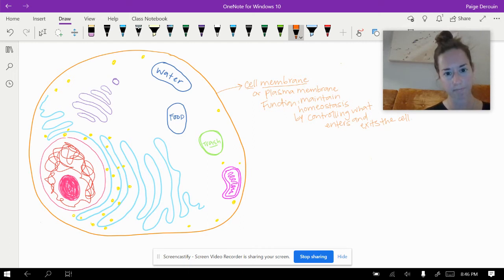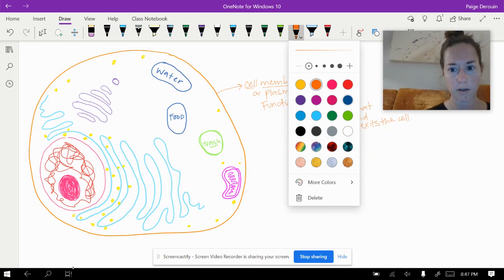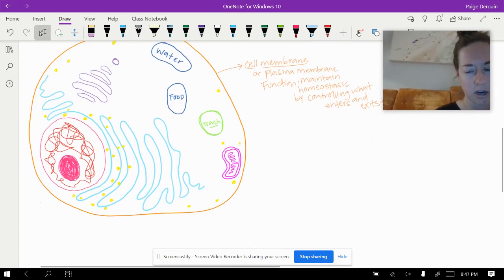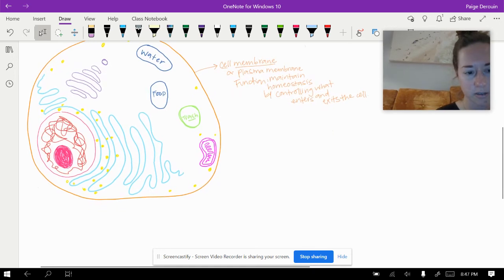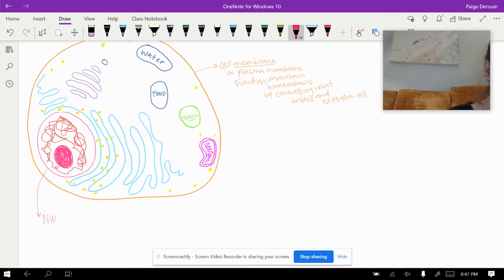So that's the first thing. The second thing that I want to talk about is the nucleus. So here's the nucleus. Not every cell has a nucleus, but a lot of them do.